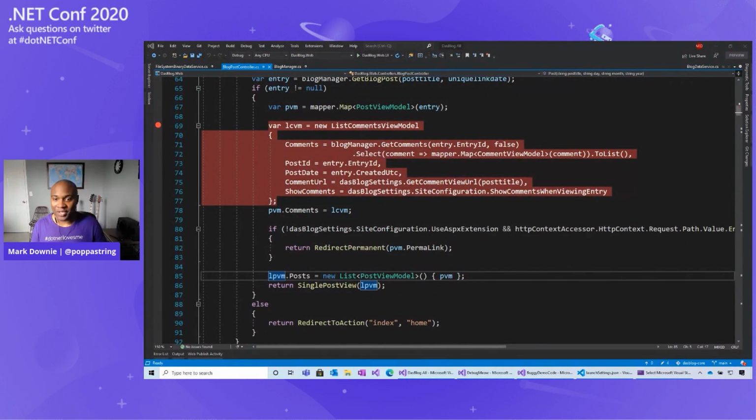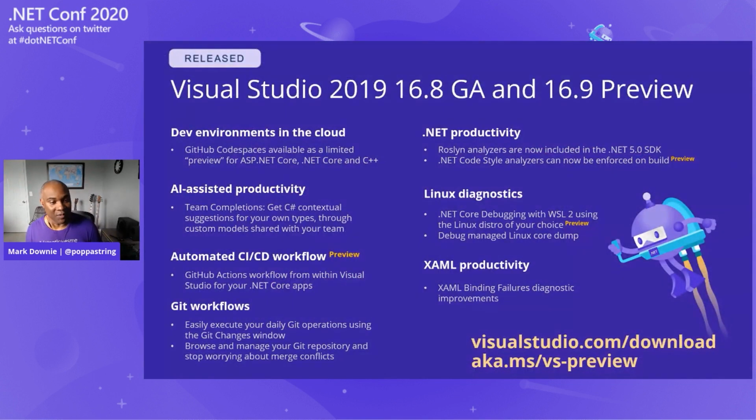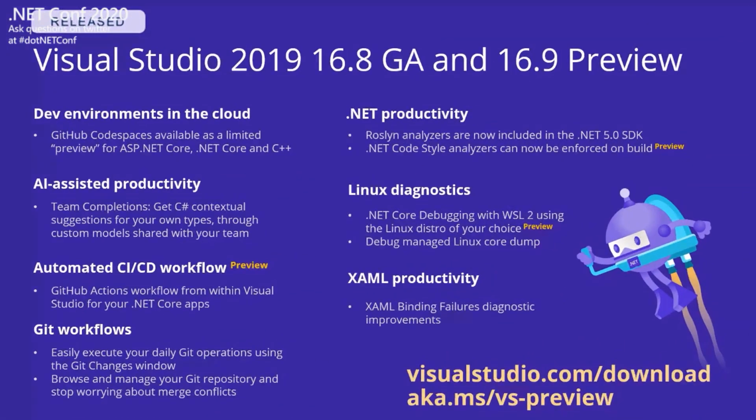So that brings it to a conclusion. I think I am right at time. If I could, once again, highlight some of the releases that we've had. We've got, again, as was mentioned in the previous session, dev environments in the cloud with Codespaces, AI-assisted productivity. Check out the GitHub Actions around workflows that you can do directly in Visual Studio now.